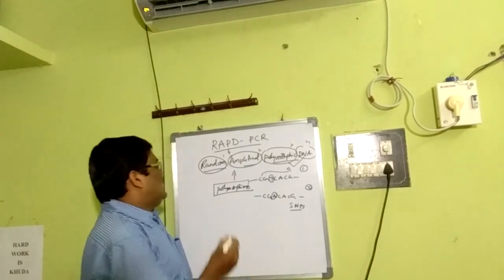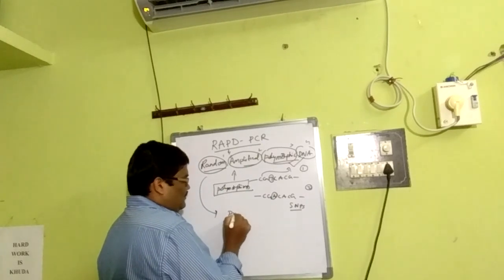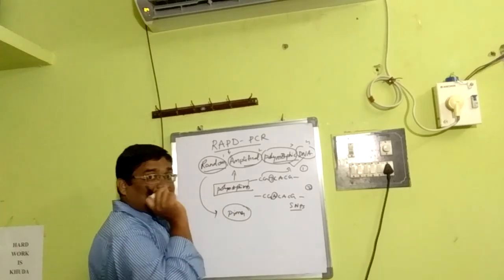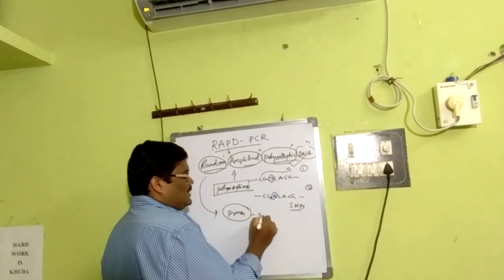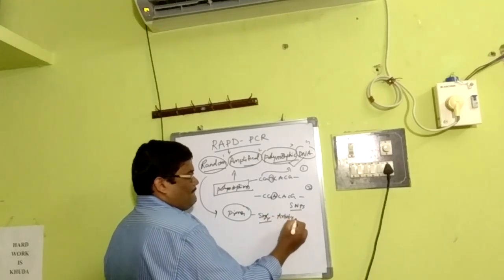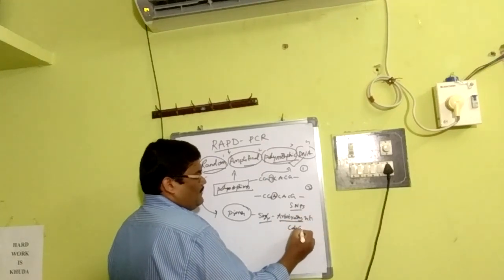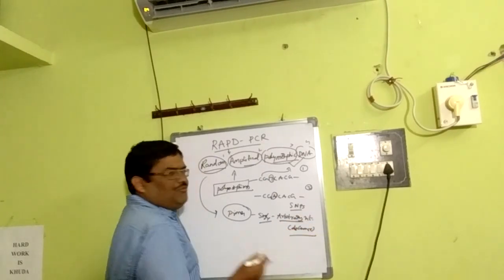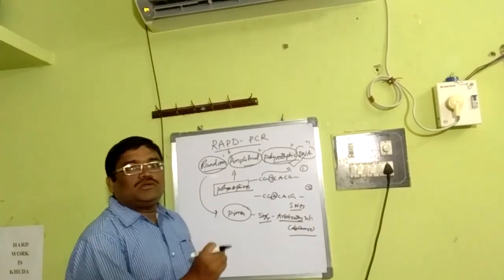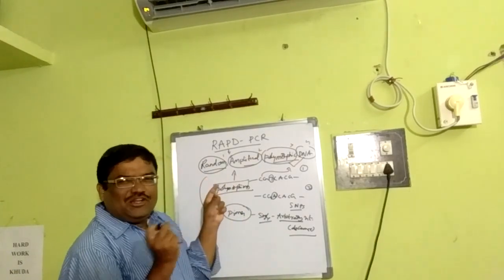Though it appears to be a complicated sentence, the whole concept relies on this particular fragment. Random amplified means, say, take a primer. The entire concept of RAPD depends on this single type of primer, one type of single primer with arbitrary nucleotides, generally a decamer.